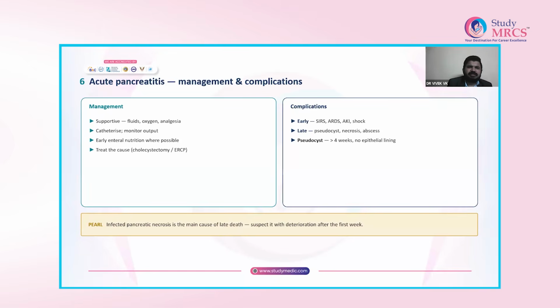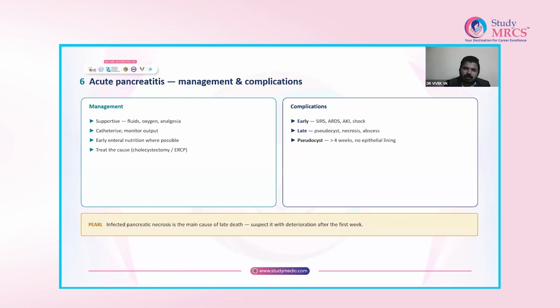The local complication means anything related to the pancreas or any surrounding aspect of the pancreas. It could be acute fluid collection, pancreatic necrosis, pseudocyst, etc. The systemic complication could be systemic inflammatory response syndrome, multi-organ dysfunction syndrome, acute kidney injury, hypovolemia, or ARDS. These all are the systemic complications.